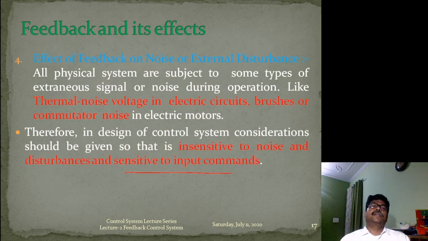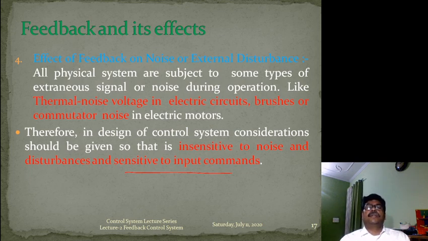Now the next effect is the effect of feedback on noise and external disturbances. All physical systems are subject to some internal noise or some external noise. Internal noise may be thermal noise in electric circuits and brushes and commutator noise in the electric motor.